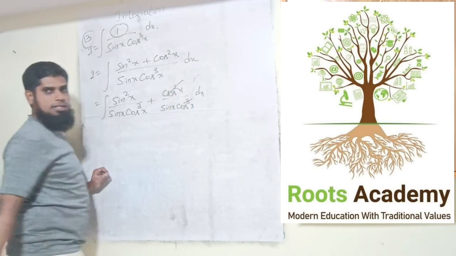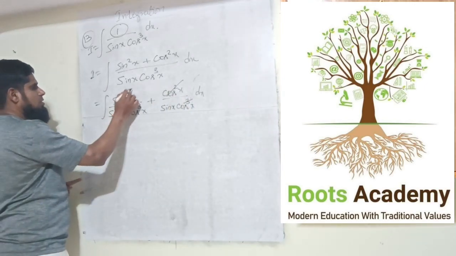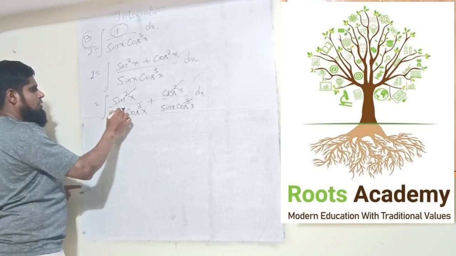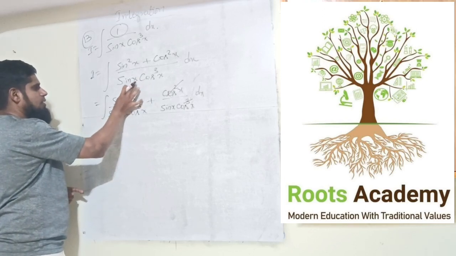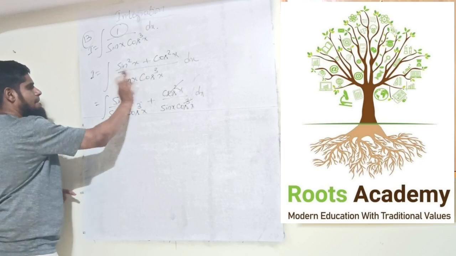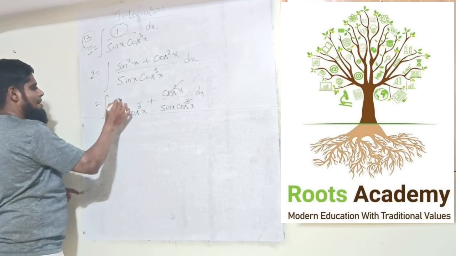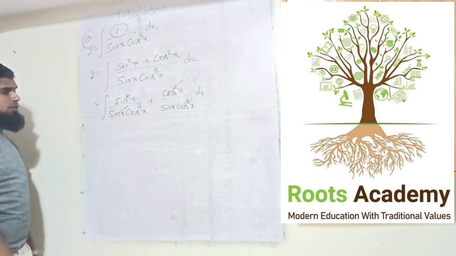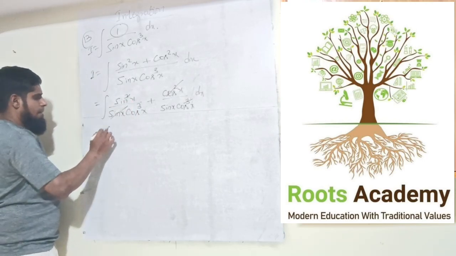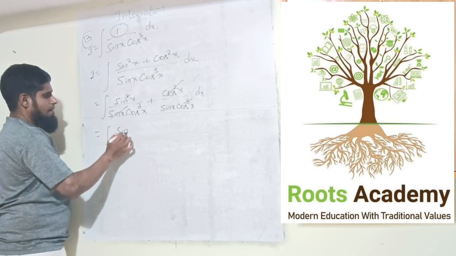Cos square x and cos x get cancelled. Sin square x, this is only one time it gets cancelled, not completely. Then here one time gets cancelled. So it is left out in the first integral.